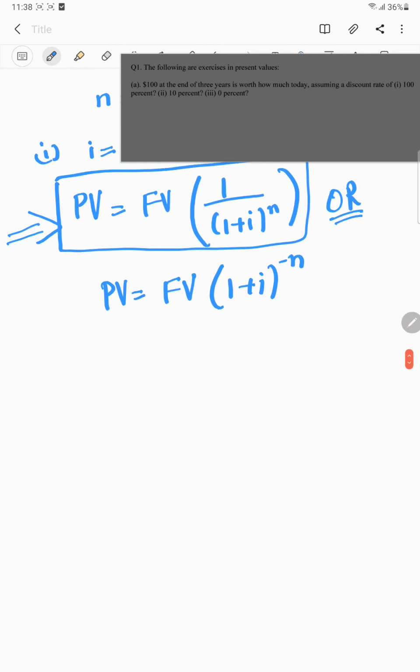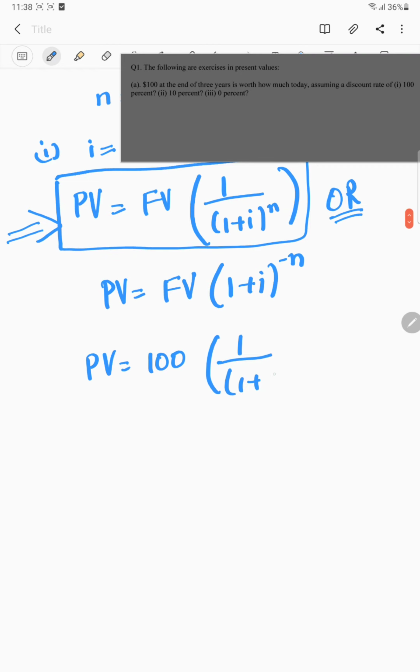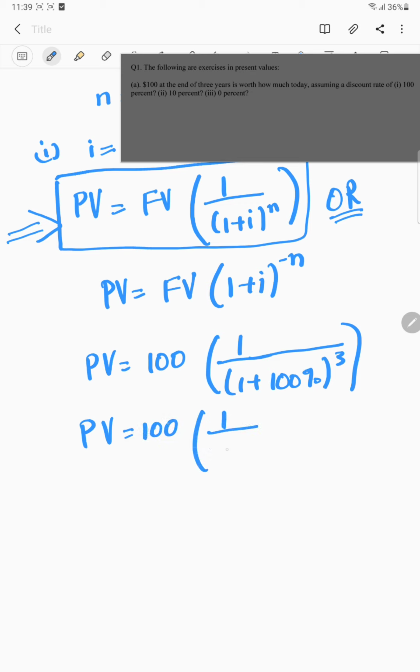Okay, so let's add the values in the formula. Present value equals $100 times 1 upon (1 plus i), where i is 100% and n is 3 years. PV equals 100 times 1 upon 2 to the power 3. PV equals 100 times 1 upon 8.